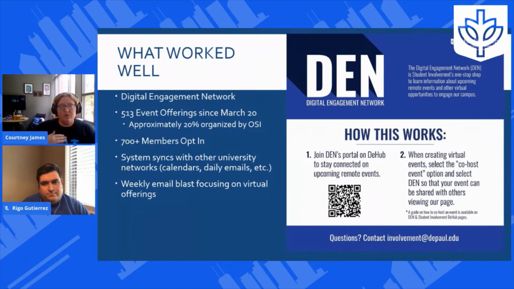And only about 20 of those were organized by OSI. The rest came from different campus partners and different parts of the university who were offering experiences to students. We had over 700 people opt in. So we had a really great base for students that were interested in attending and participating in virtual events.